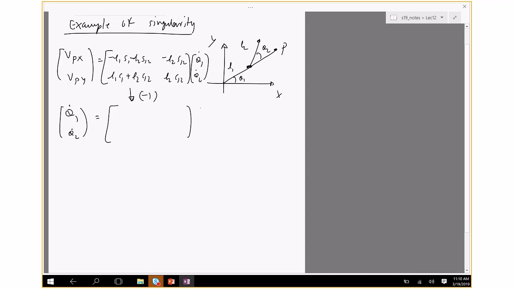Inverse. The inverse is C12 divided by S2. Actually, I'm going to simplify my life a little bit.